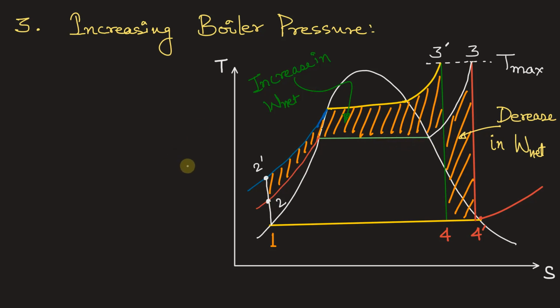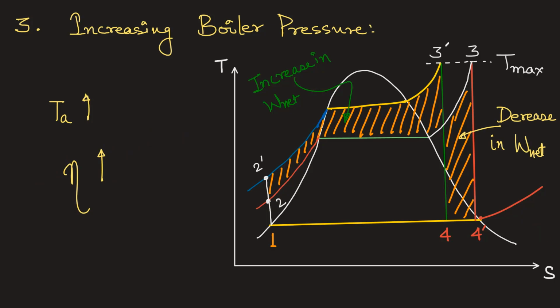This rise in the average temperature raises the thermal efficiency of the cycle. Here we see the net work done is decreasing, and here there is an increase in net work done. The overall effect is that the net work done of the cycle will increase, and so will the thermal efficiency of the cycle.